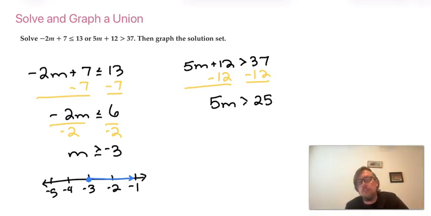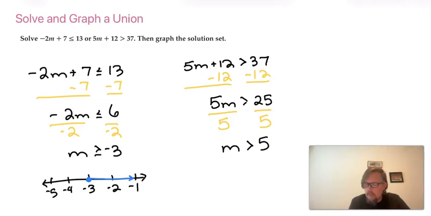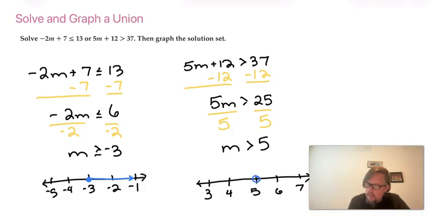Then we'll use the division property to divide both sides by 5, and that will isolate our variable m. So m is greater than 5. So 5 in the middle, open circle on 5, arrow going this way.